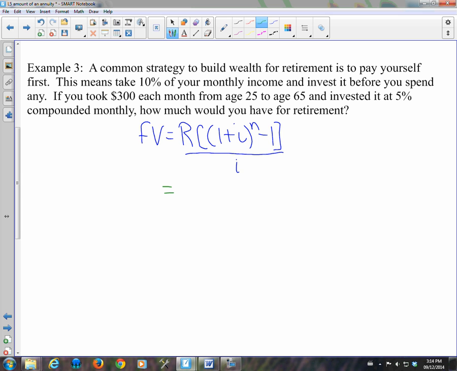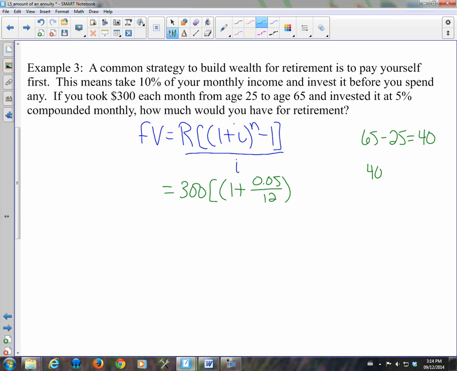So our R is $300 each month. Our interest rate is 5% compounded monthly, so 0.05 divided by 12. And 25 to 65 means over 40 years compounded monthly.